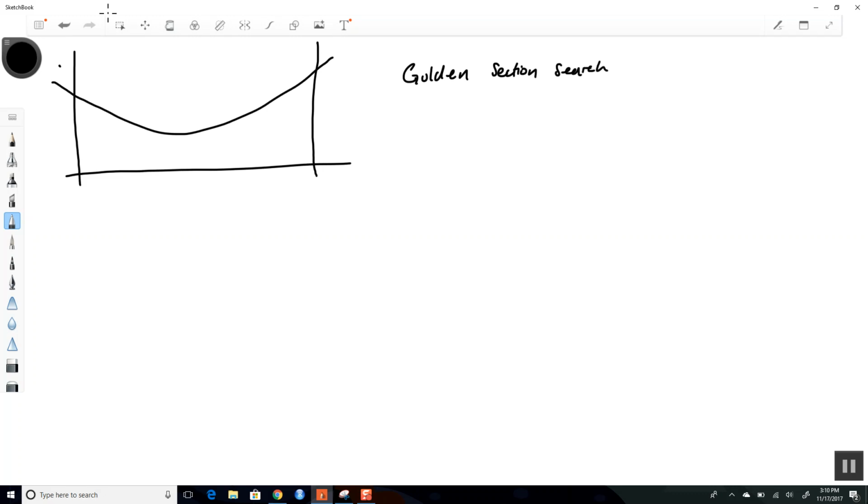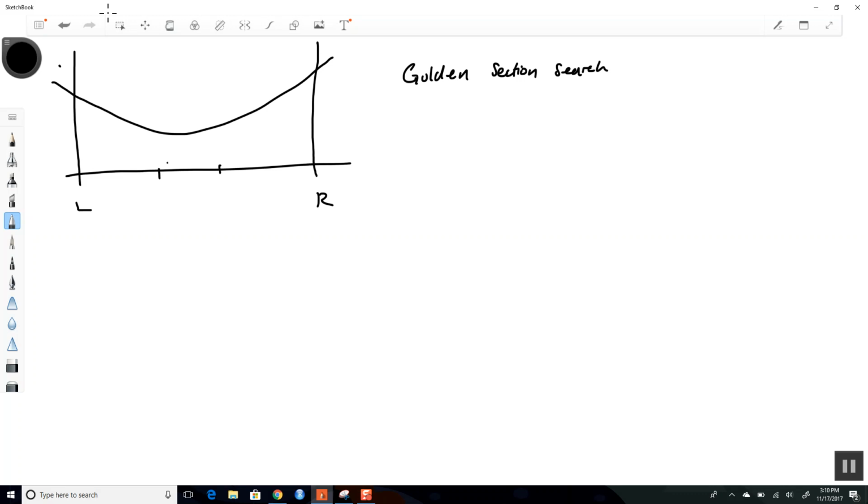I think I added a link on CCLE also, which is, I think, a good video. So you pick your left and right bounds. You're going to pick two middle points, around here and here.